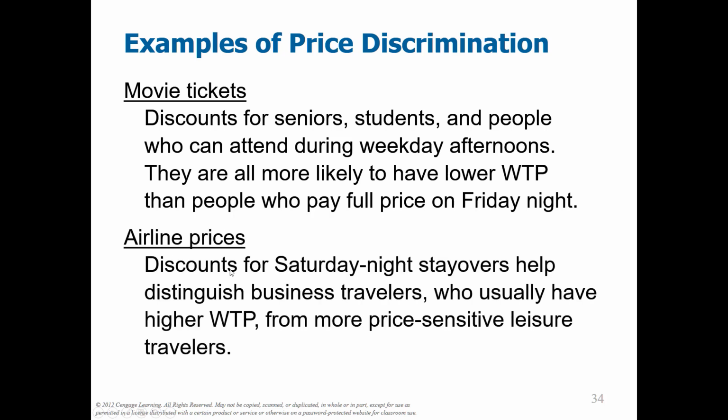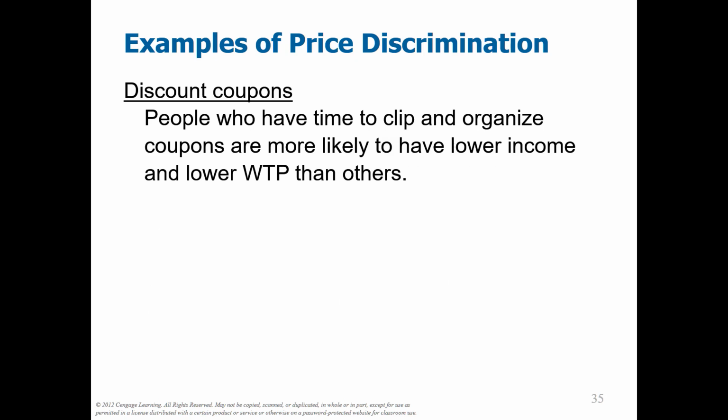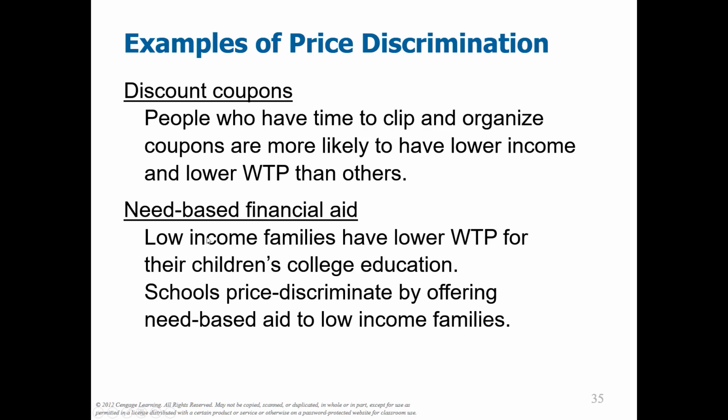Airline prices: discounts for Saturday night stayovers help distinguish business travelers, who usually have higher willingness to pay, from more price-sensitive leisure travelers. So that's another way to practice price discrimination. Discount coupons: people who have the time to clip and organize coupons are more likely to have lower income and lower willingness to pay than others.